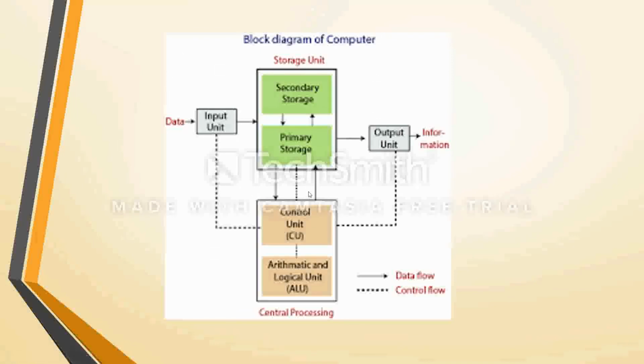Then apart from that, you have two more important aspects: computer hardware and computer software. Computer hardware consists of all these things: your input devices, your storage unit and output devices. And software, it is the operating system that will control or synchronize the operations carried out by the control unit.